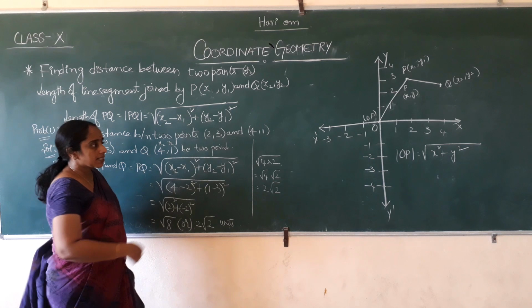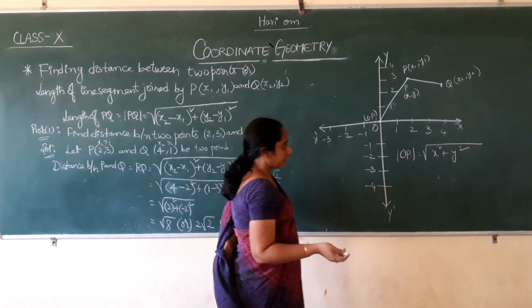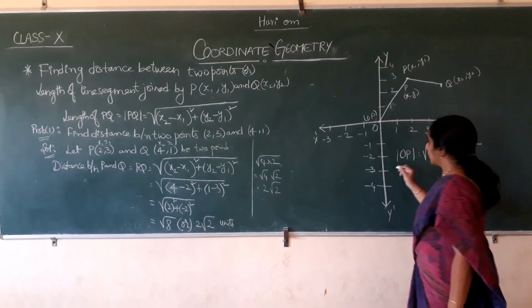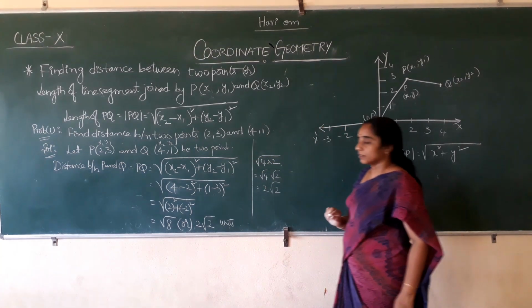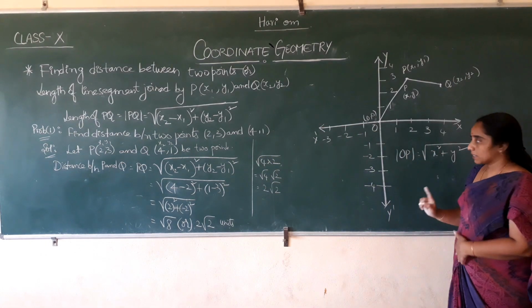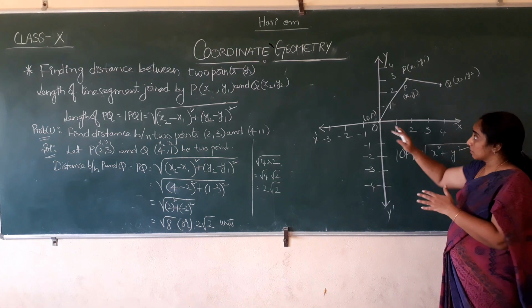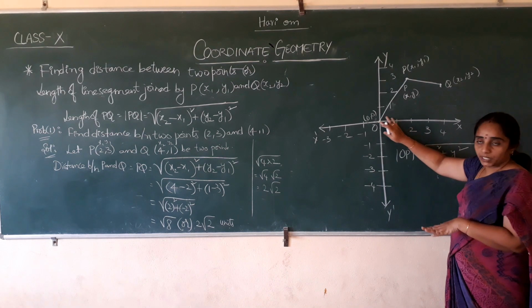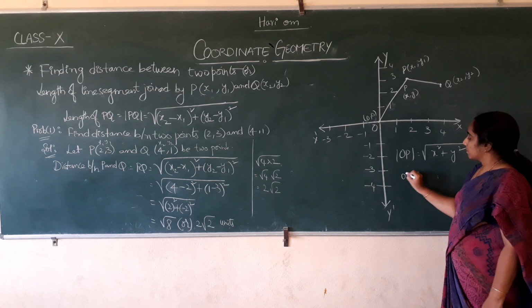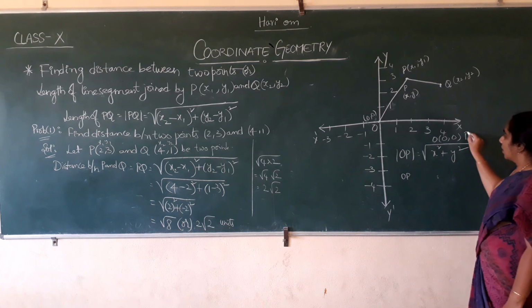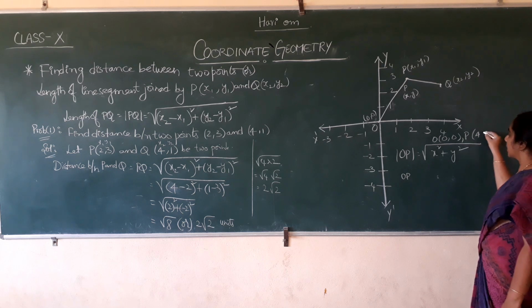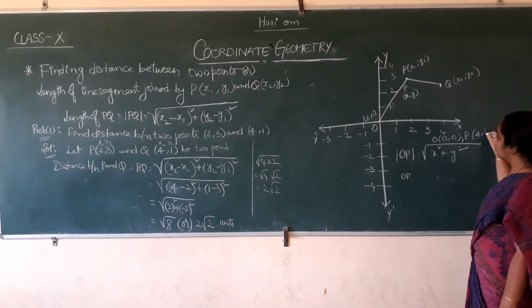In the same way, in another case, if this point is taken as (4, 1) and the line passes through the origin, the origin is (0, 0) and the point is (4, 1).